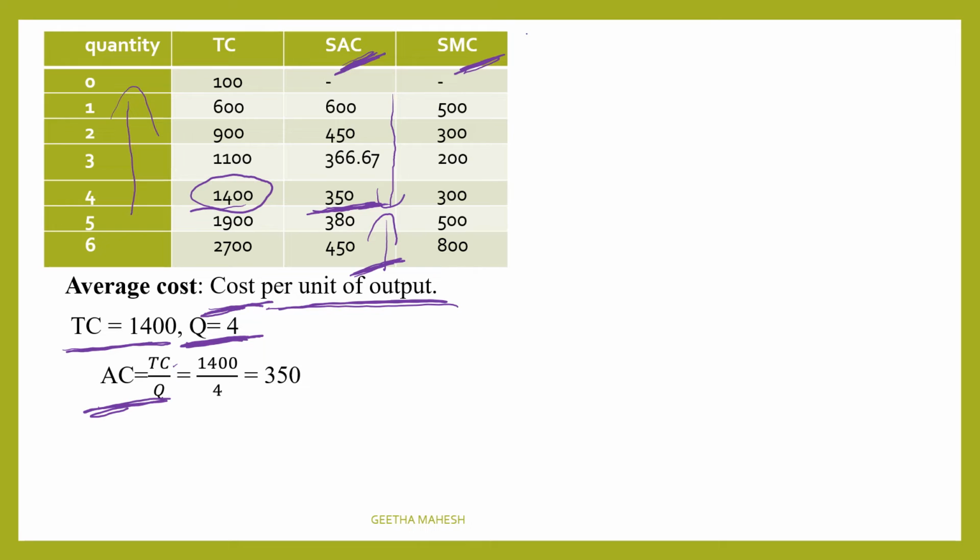What is the total cost incurred to produce 4 units of output? 1400. 1400 divided by 4, you will get 350. So 350 rupees we call short run average cost.